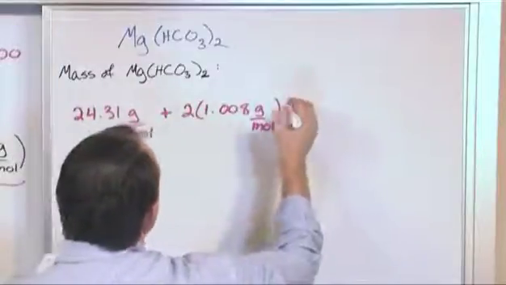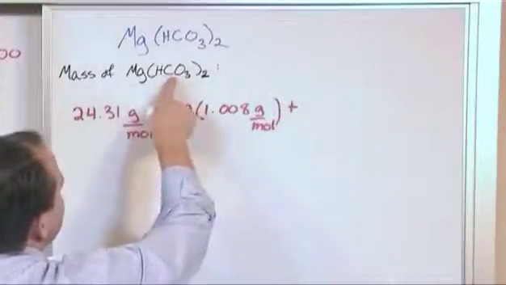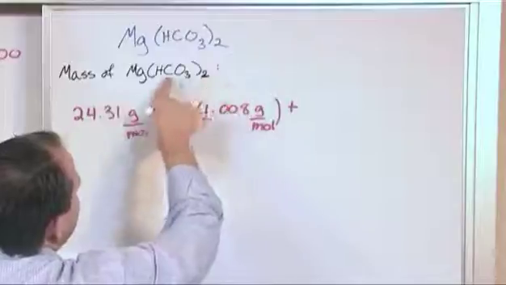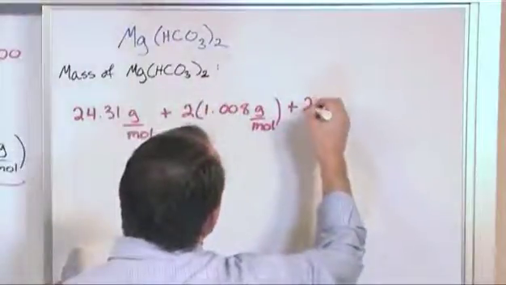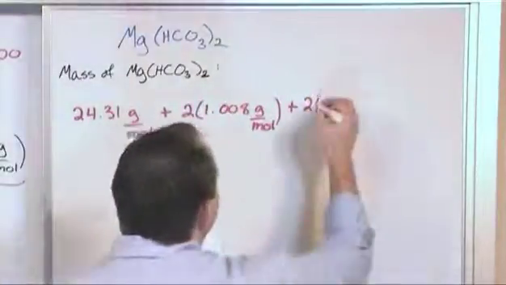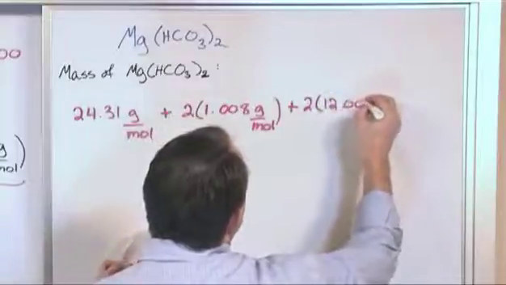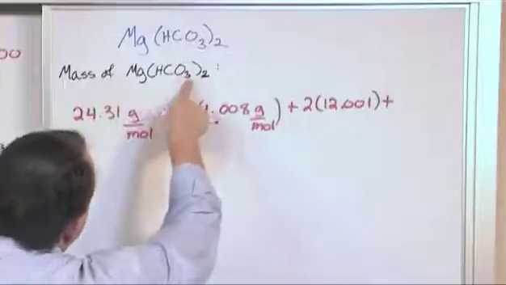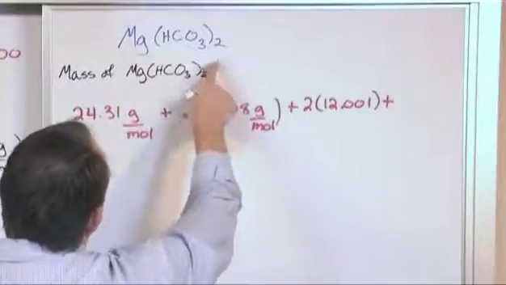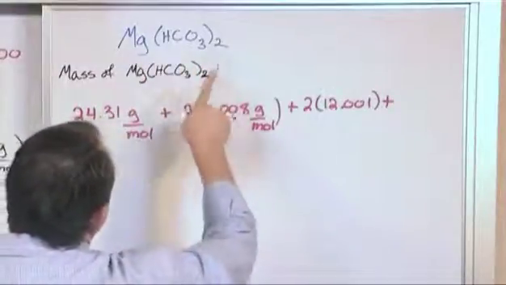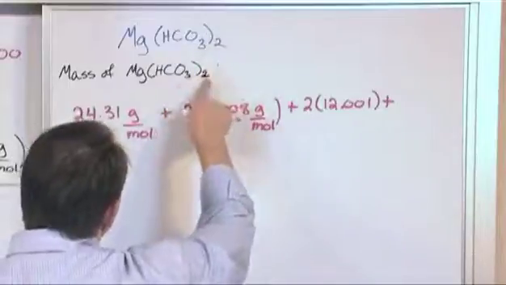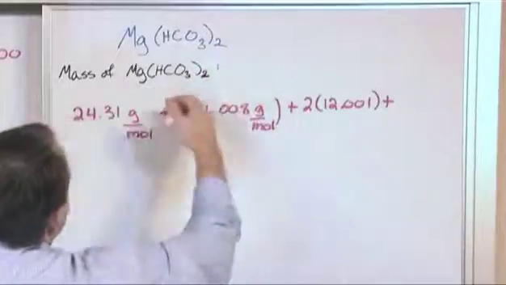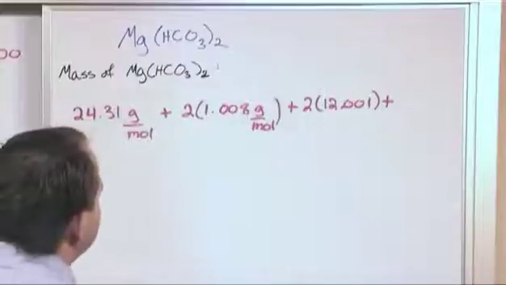Then you need to add to that how many atoms of carbon. Again, there's a 1 here, but you have 2 entire polyatomic ions, so it's 2 atoms of carbon. Carbon is 12.001 grams per mole. And then finally, for oxygen, yeah, you have 3 oxygens on the inside, but you have this entire thing duplicated twice. So the way you figure it out is 3 times 2 really means that for every molecule here, I have 6 oxygen atoms.